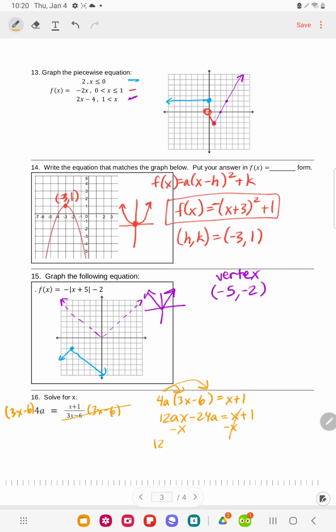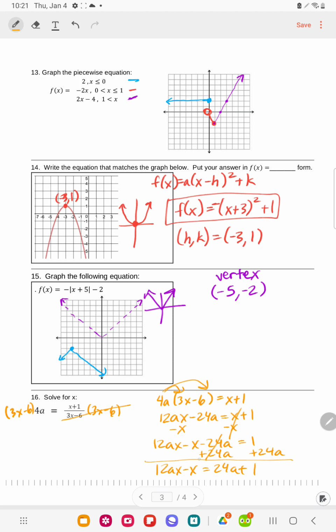That leaves us with 12ax minus x minus 24a equals 1. Now I'm going to add 24a on both sides because I don't want it on the side of the x's. So now we have 12ax minus x equals 24a plus 1.